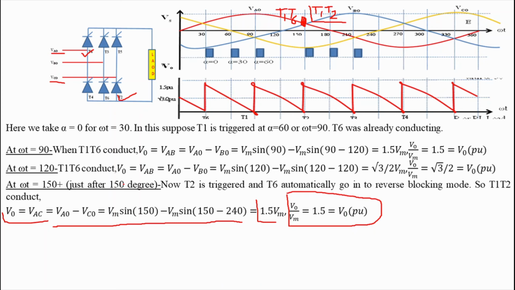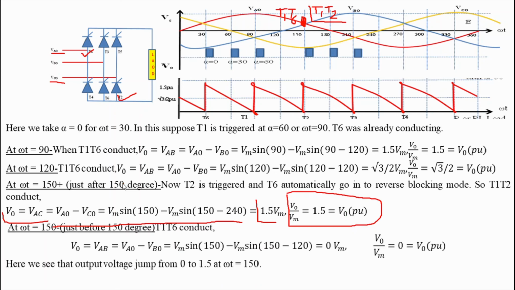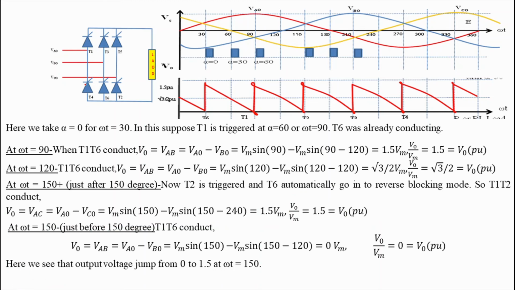But just before 120 degree, T1 and T6 were conducting. When T1 and T6 are conducting, we get output voltage V naught equal to VA naught minus VB naught, which is Vm sin θ minus Vm sin (θ minus 120 degree), that is equal to 0.